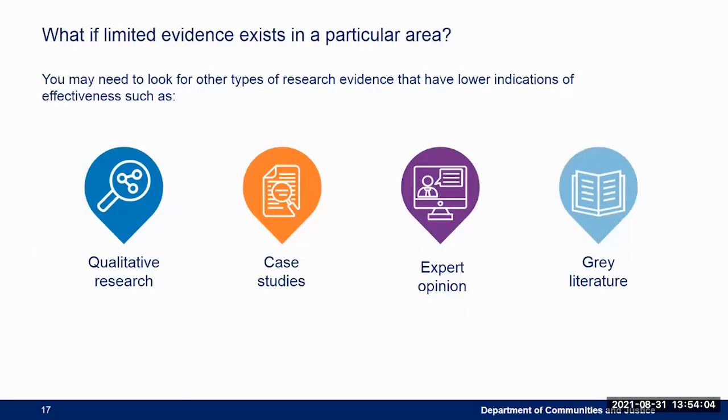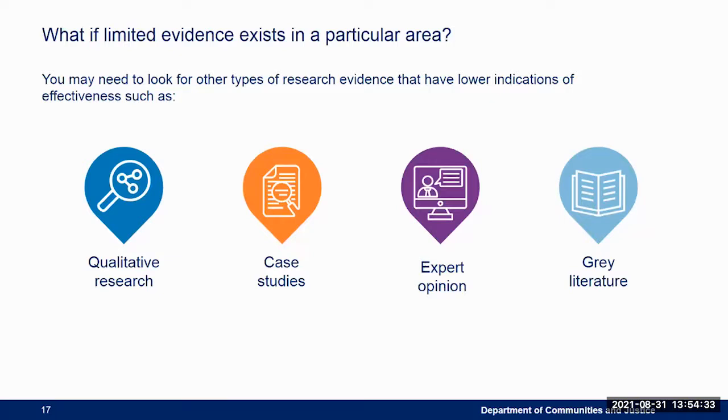Sometimes demand emerges for evidence in new areas of social policy or program design before the evidence base has developed sufficiently. In these cases, you need to ask yourself what other policy areas or disciplines have faced similar challenges, and how other countries or jurisdictions address this problem or topic. This means you're going to have to look at other types of research evidence.